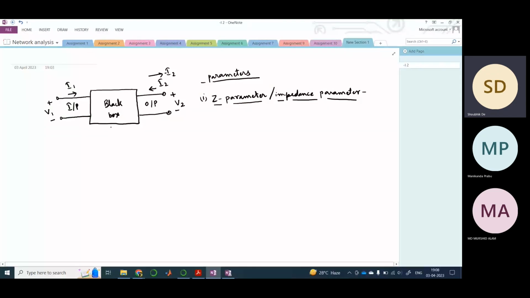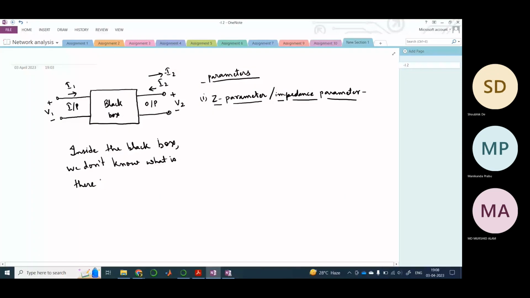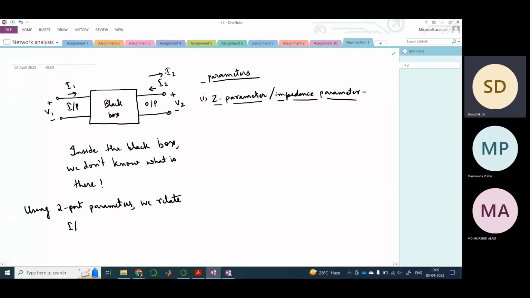But using these two port parameters, we relate input port and output port.